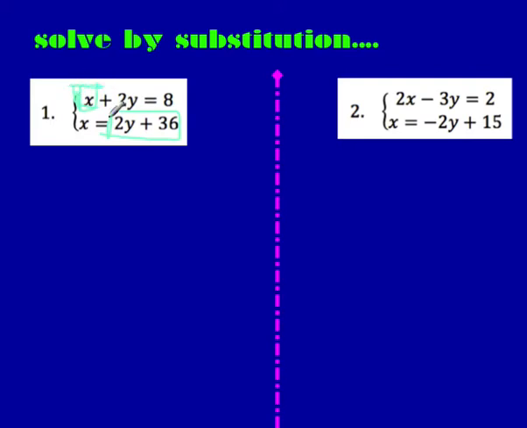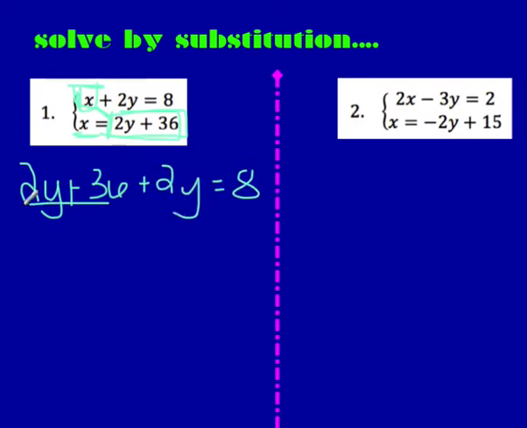Now I'm going to take that x out completely and put this second part in instead, since I know that x is equal to that. So I take x out, and I write 2y plus 36, and then I write the equation exactly as is, as if that x hadn't been taken out at all. I'm going to keep that 2y, and I'm going to say equals 8. So I took x out completely, and I put 2y plus 36 in instead.